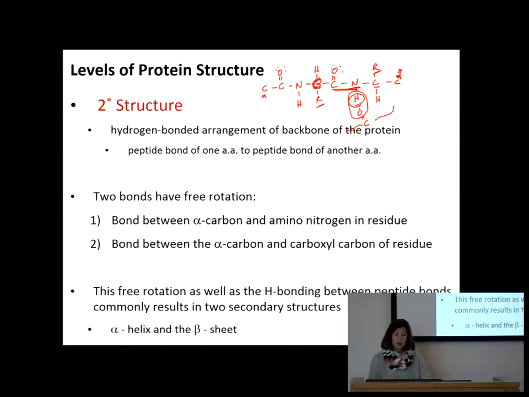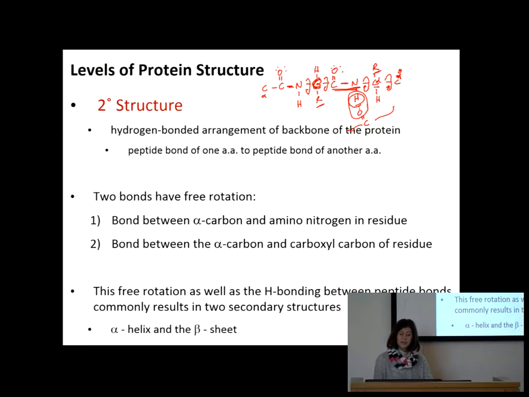Now, along with that, we need to notice that there is free rotation around this alpha carbon. So here we have the alpha carbon. There's going to be free rotation on both sides, here and here. However, the amide bond does not. Okay?